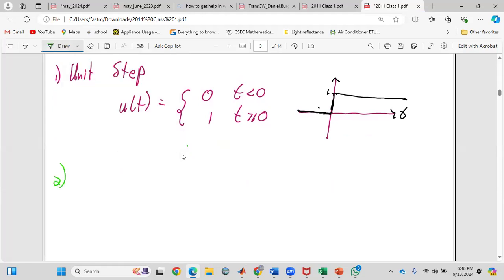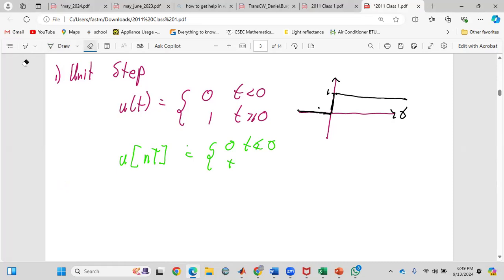The second one, all right, I missed one thing. You could use this for discrete signals also. If you want to represent discrete signals, it'll be u[n]. We know a discrete signal, remember, is like pulses. So it's the same: 0 when n is less than 0, and 1 when n is greater than or equal to 0.